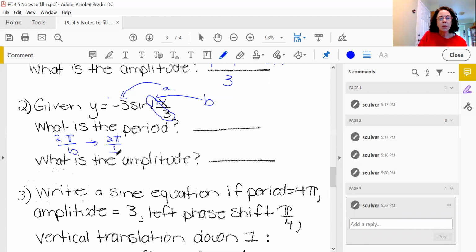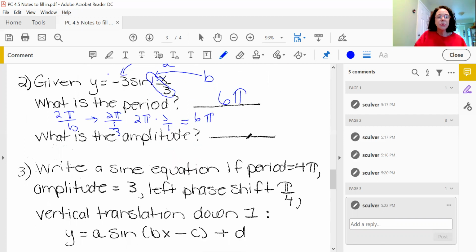I will keep my first value and multiply by the reciprocal, and I get 6 pi. So this graph would be stretched out over 6 pi rather than 2 pi. What is the amplitude? My amplitude is the absolute value of A. My A is -3, and the absolute value of -3 is 3.